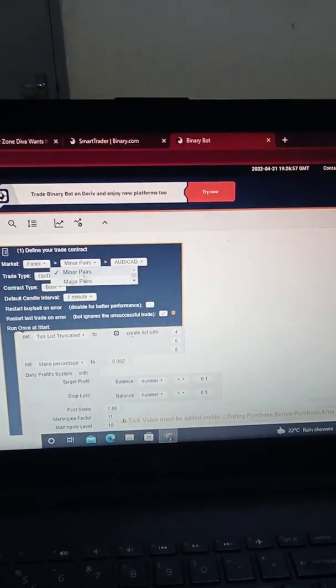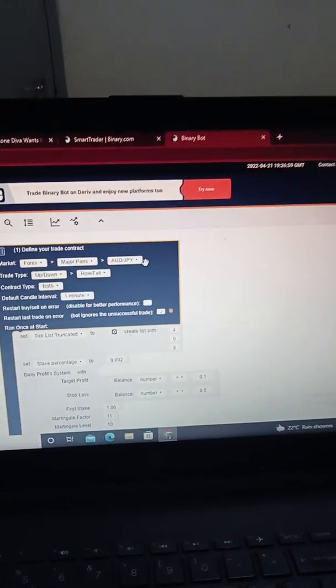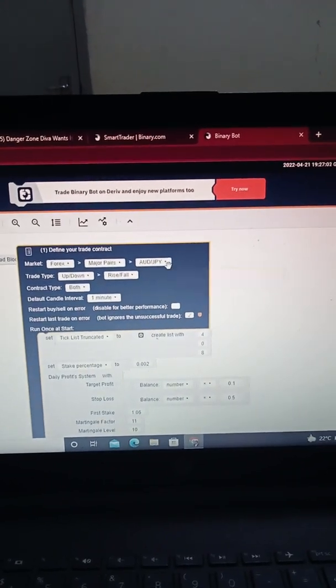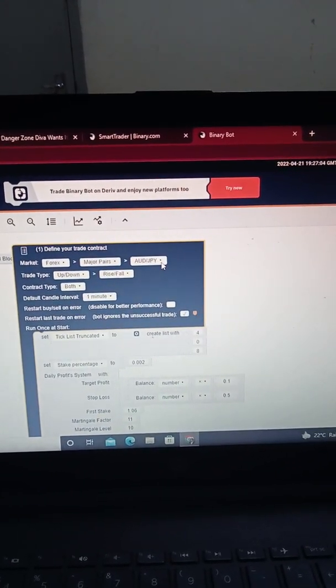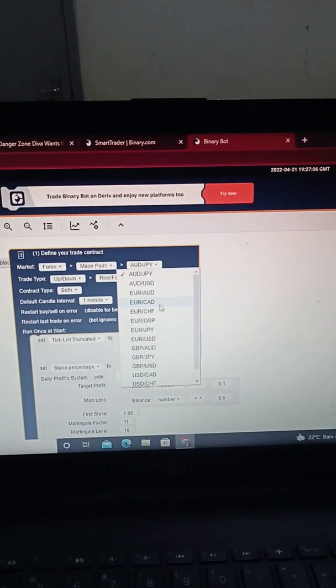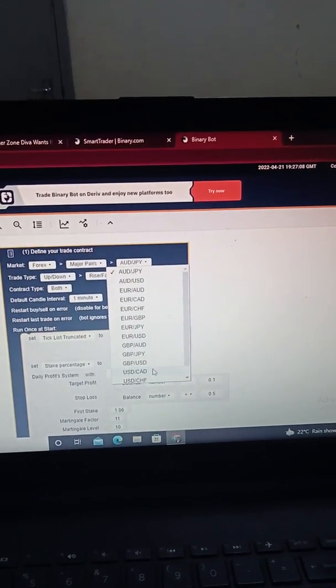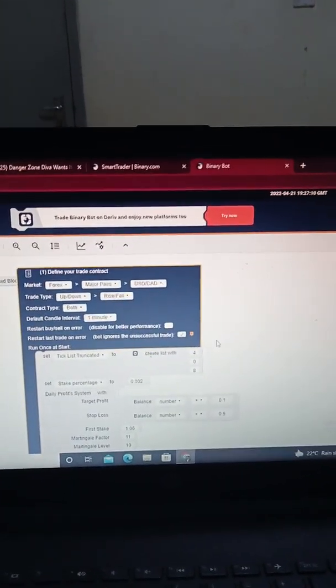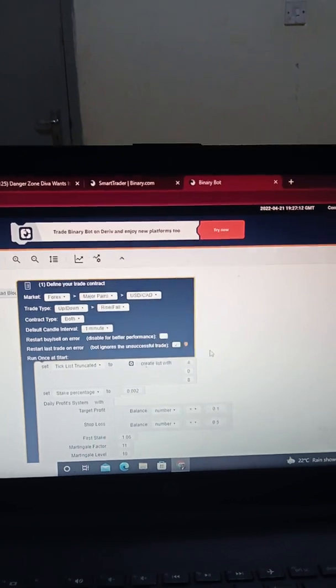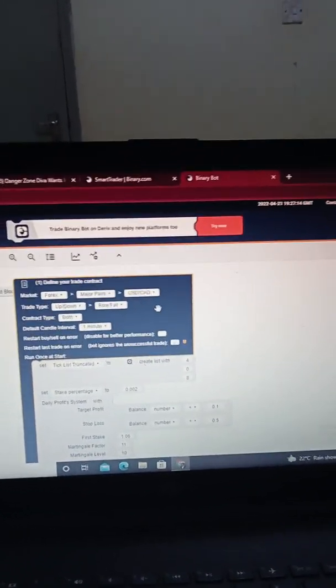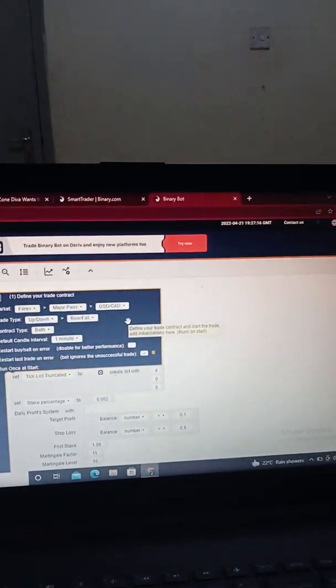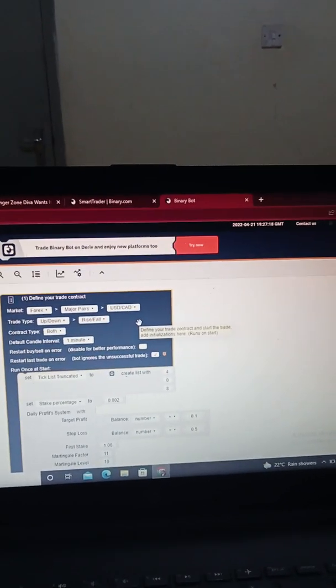Of course, we trade with major and minor pairs, but let's choose the major pairs. And then you may choose one pair to trade on your CR account. Let's take USD/CAD. By the way, if you have noticed, this week USD/CAD has been selling like crazy, man. It's been dropping.